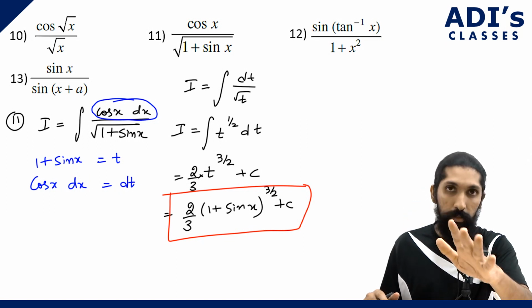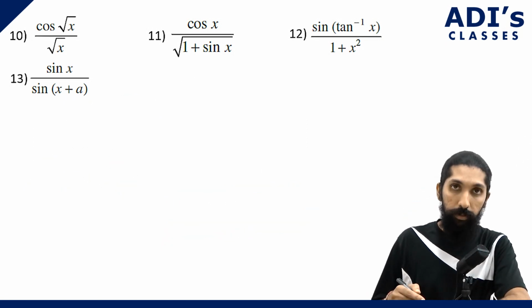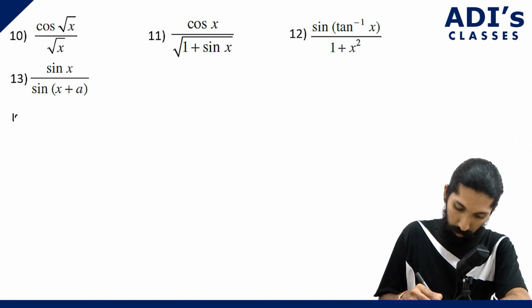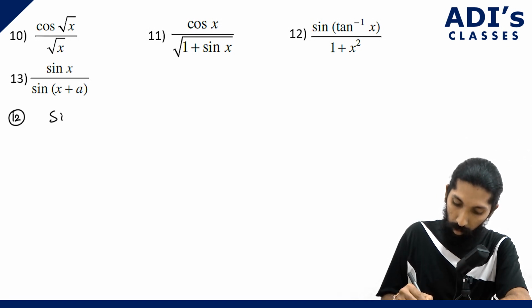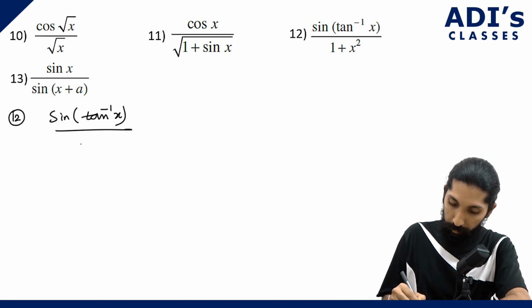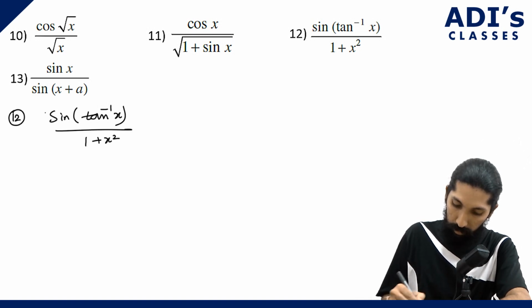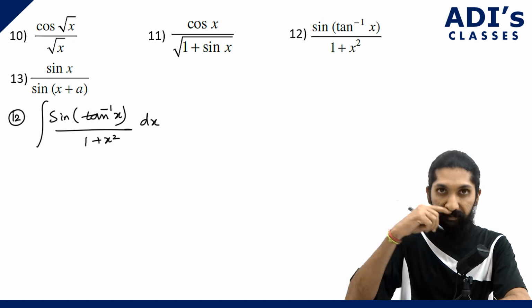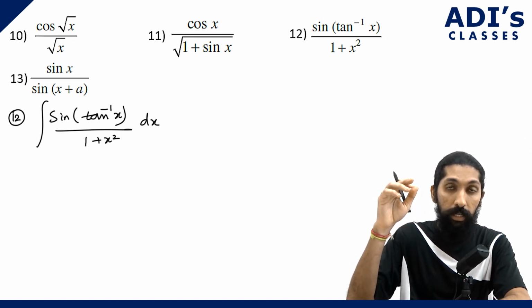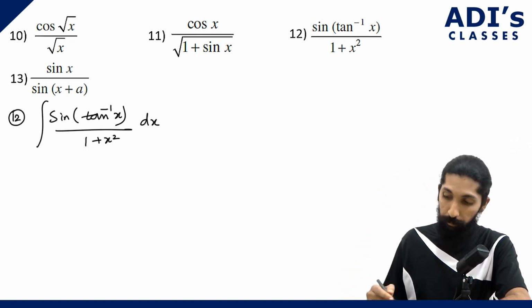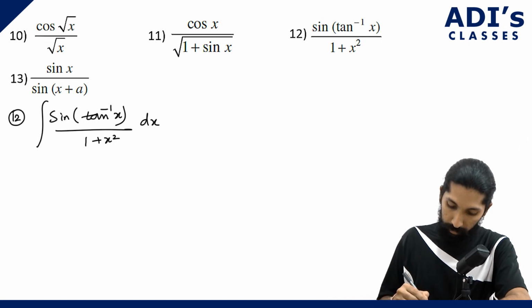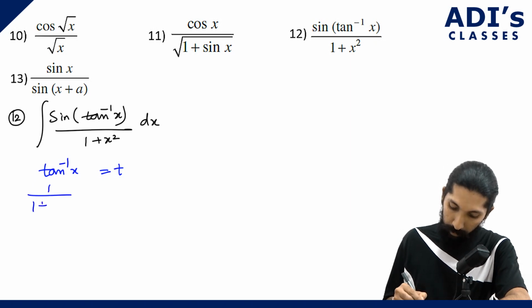Let's do it. In this one, we have the integral of sine of tan inverse x over 1 plus x square dx. Now, if you take tan inverse of x as t, very simple, you will get tan inverse x as t, and 1 by 1 plus x square dx is dt.